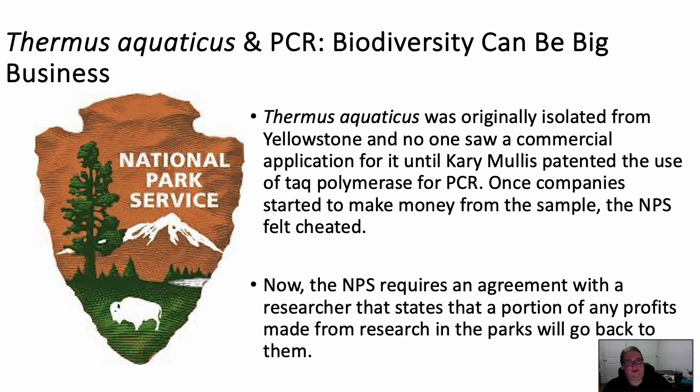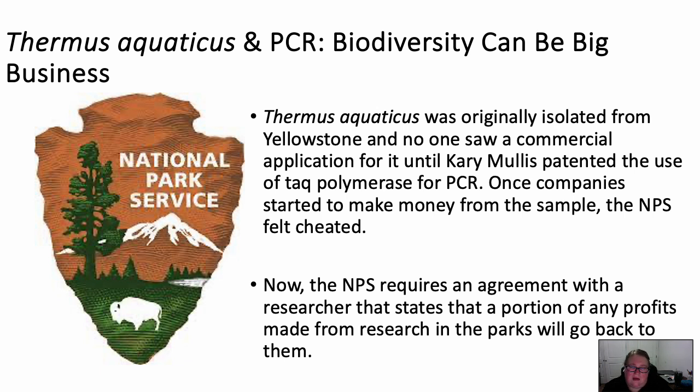Now, you have to remember, Thomas Brock found Thermus aquaticus in Yellowstone. Usually when you're doing research on federal lands, such as in a national park, you sign an agreement that states that if you discover anything that will bring profit, you're going to share some of those profits with the national parks.